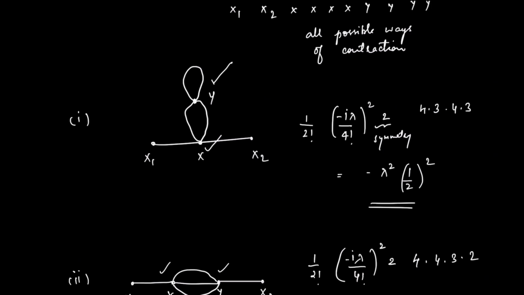So there is no symmetry associated with permuting vertices. Similarly, the vertex from y has two symmetric legs. So these are the two symmetric legs for the vertex y, and these are the two symmetric legs for the vertex x. Right? Therefore, we have to divide twice by 2 factorial.